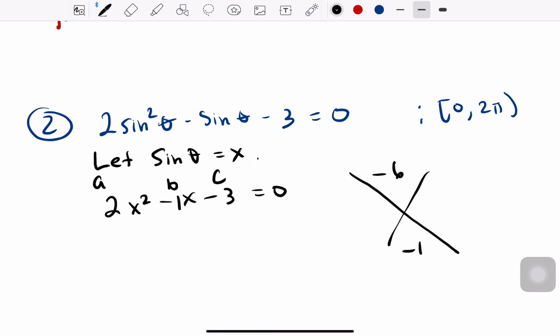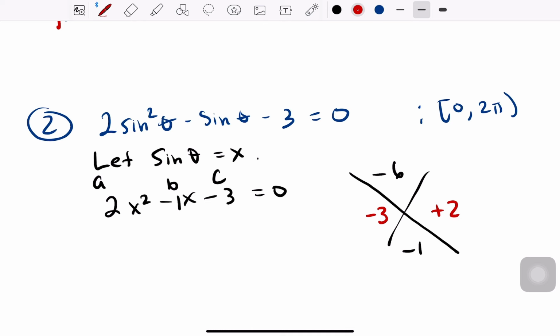And all you have to do now is go back to the basics of what gives us -6. So what two numbers give us -6, and what adds up to -1. So this should be -3 and 2, if I'm not mistaken. That should be it.